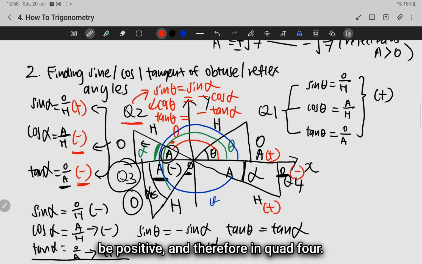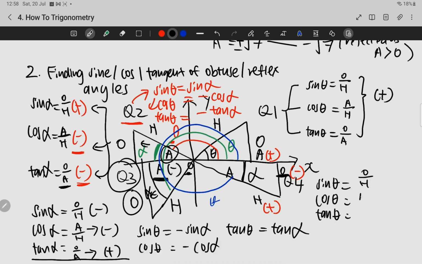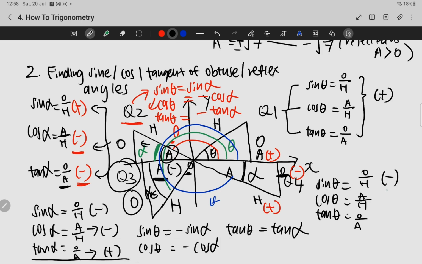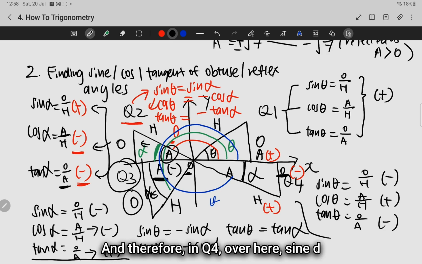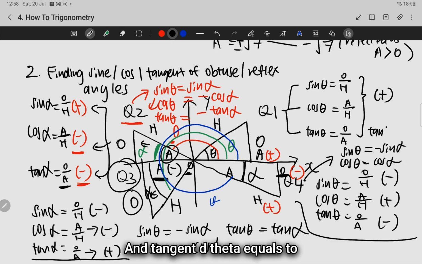And therefore, in quadrant 4, for your sine, it will be negative. For your cosine, it will be positive. And your tangent, it will be negative. And therefore, in Q4, sine theta equals negative sine basic angle. Cosine theta is cosine basic angle. And tangent theta equals negative tangent basic angle.